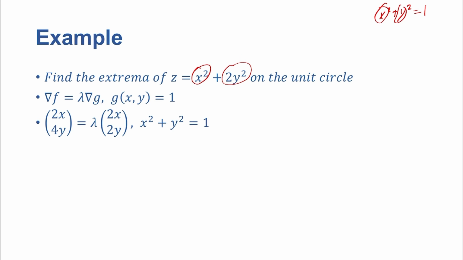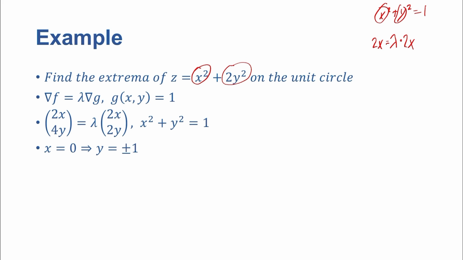Now to find the values of lambda, x, and y, we need to kind of guess using our equations. If I look at this first equation, it says 2x equals lambda times 2x. Now what does this mean here?